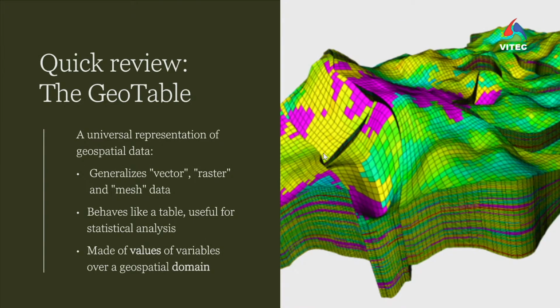So what's the geotable? A very quick recap from the previous talk. A geotable is an attempt to arrive at a universal representation of geospatial data that generalizes all types of domains that you encounter in science, right? So raster, vector data, 3D unstructured meshes in physics and climate models, etc. It behaves like a table, but it's useful for statistical analysis.